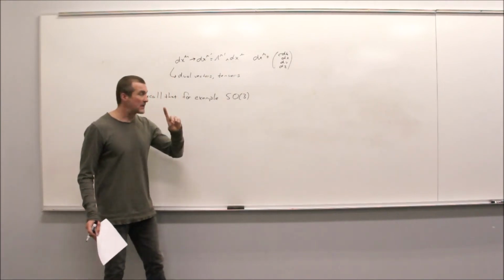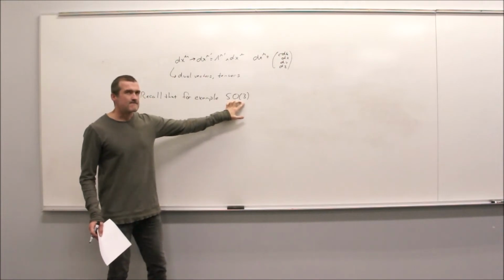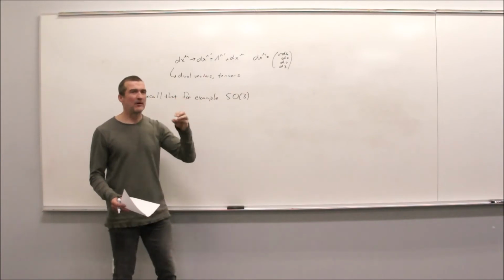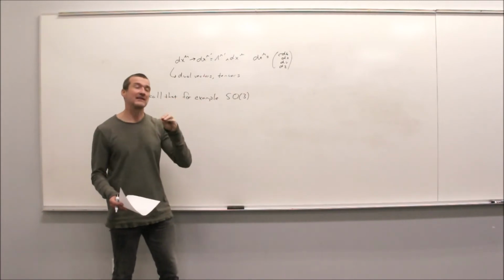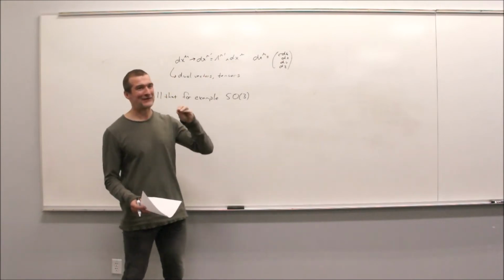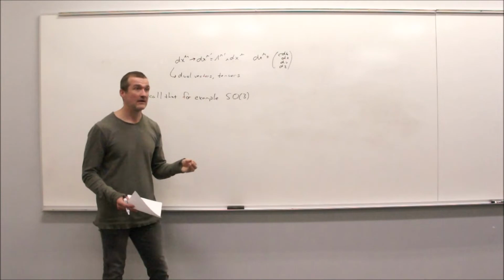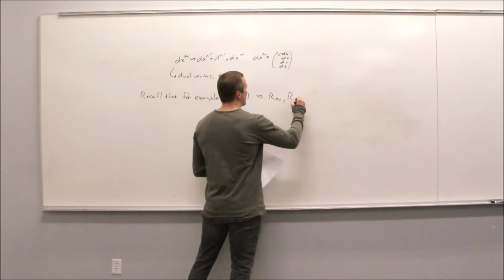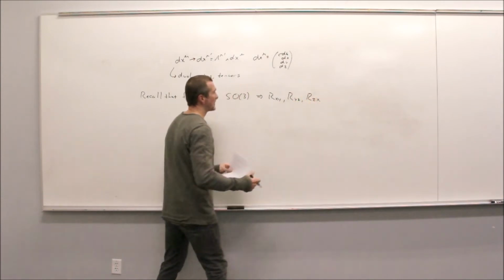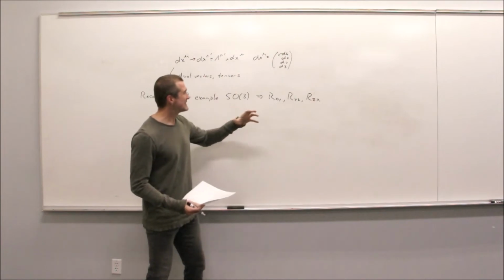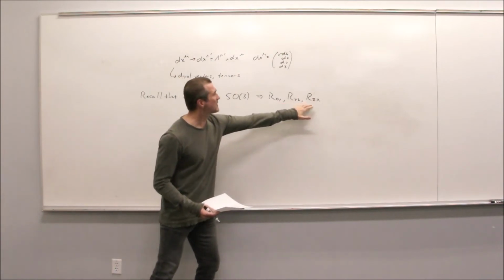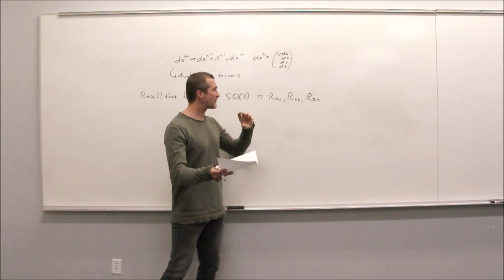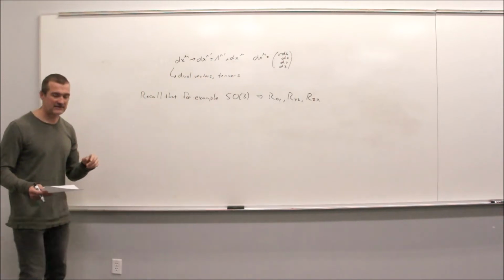However, and this is a key thinking point, I can take any rotation and decompose it into a rotation in the XY plane, a rotation in the YZ plane, and a rotation in the ZX plane. So somehow these are the fundamental rotations, and to make a big rotation, you just do a lot of rotation in XY, or a lot of rotation in YZ, or a lot of rotation in ZX.